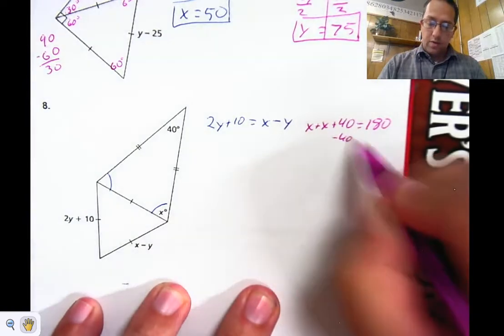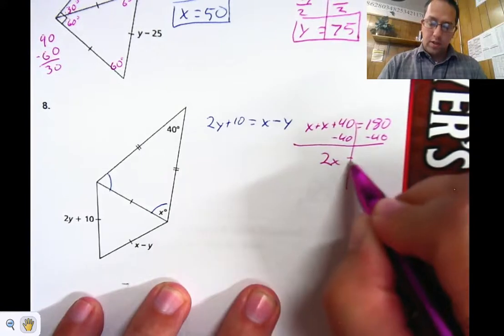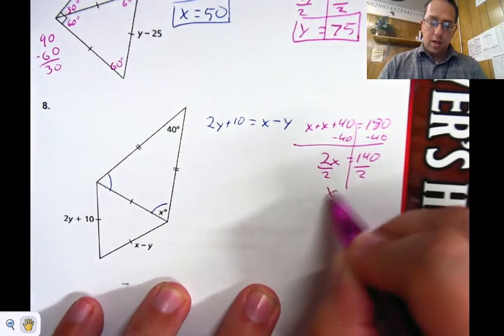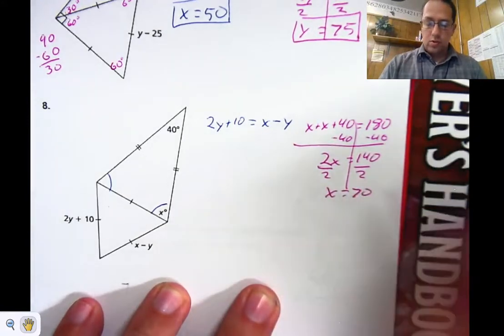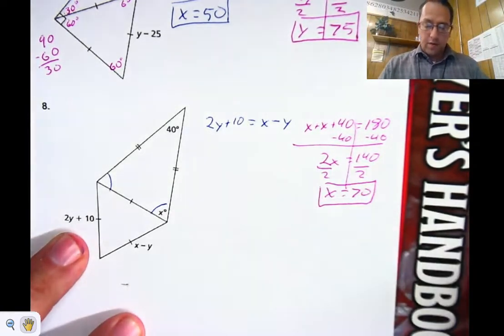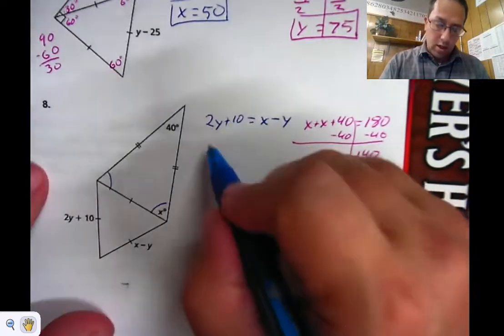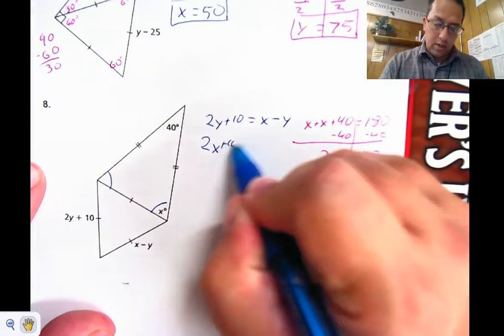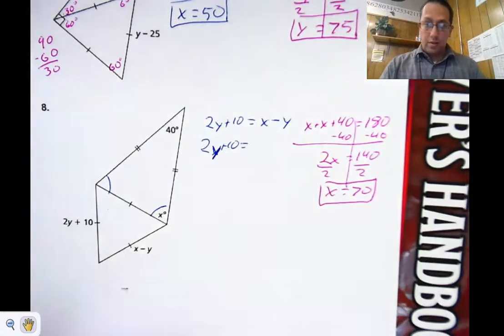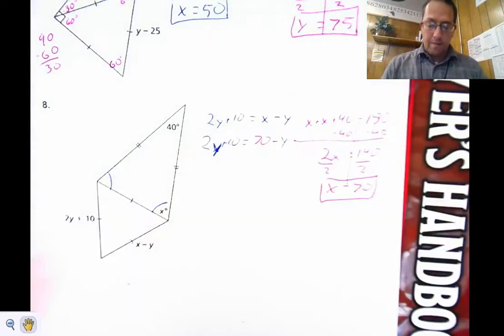So we subtract 40 from both sides, and I have 2x is equal to 140, divided by 2, and x is equal to 70. Alright, so now I know what x is. Now I find y. So I'm going to take my 70 and plug it in right there. So I have 2y plus 10 is equal to 70 minus y.